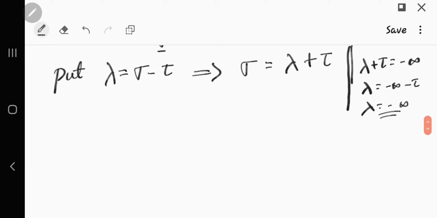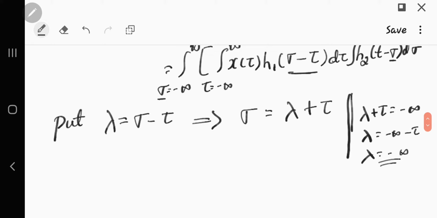So let's see what happens to the expression. If you change this, then this term with respect to tau will become constant. So better we interchange this integration with this, so that it will be convenient. This will become lambda and this will become lambda. So this will be convenient for us to simplify in the next step.